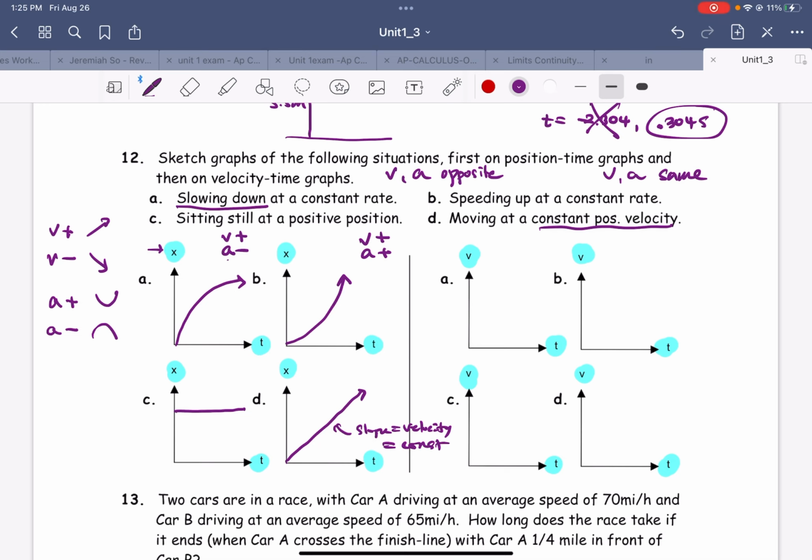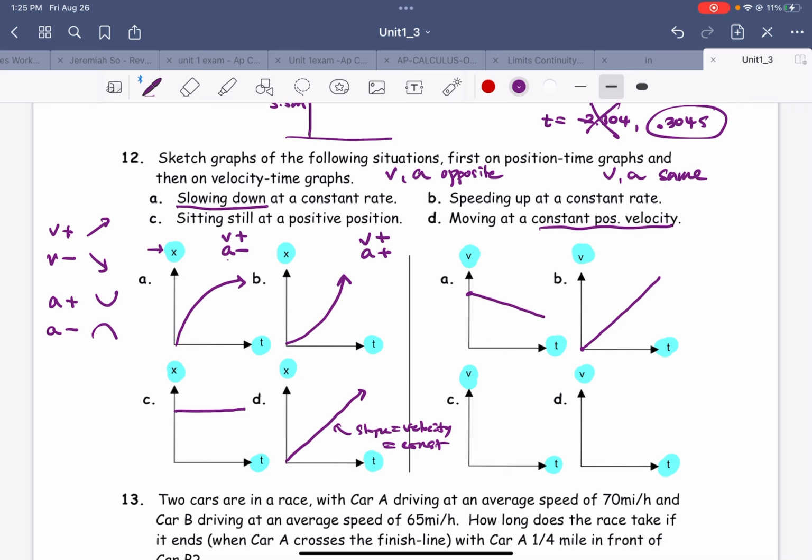Now let's talk about the velocity itself. So slow down. That means your velocity was some positive value, but it keeps going down, right? That means slowing down. Now B, speeding up. Let's say initially it was 0, and then it keeps going up.